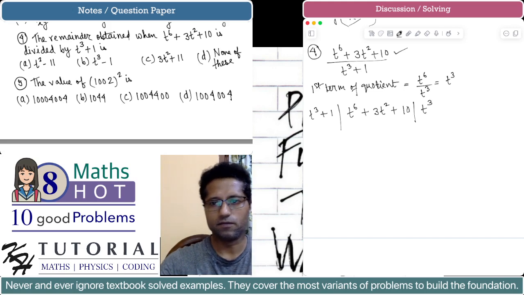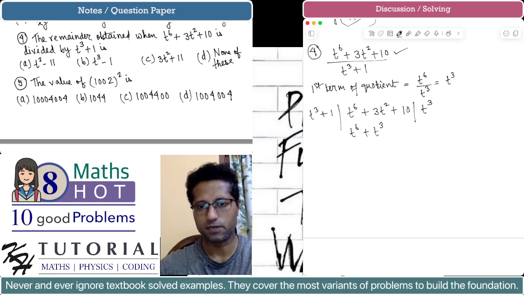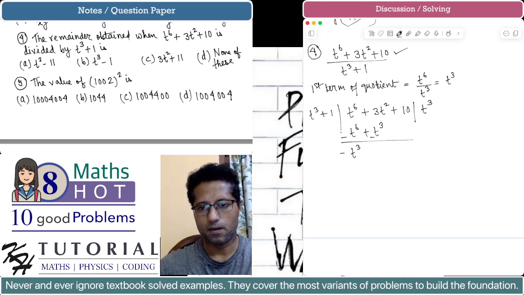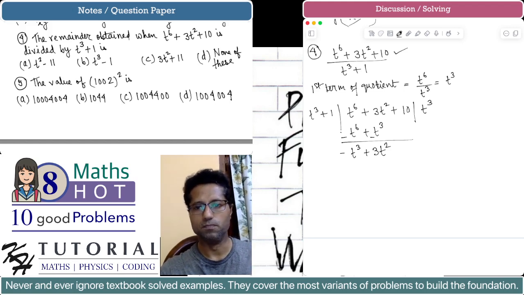So the first term of the quotient will be t cube. Now we multiply the first term of the quotient with the divisor, and we get t to the power 6 plus t to the power 3. This needs to be subtracted from the dividend, and we get t to the power 6 cancels out, and we get minus t cube plus 3t square minus t cube.